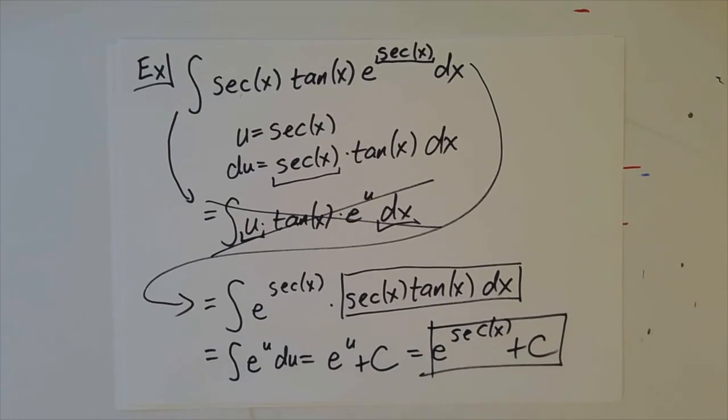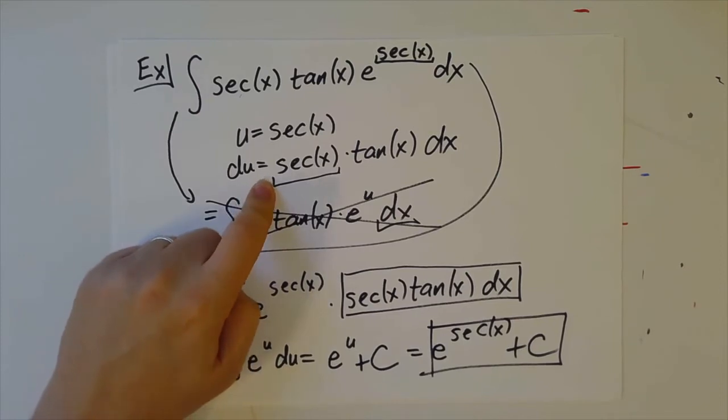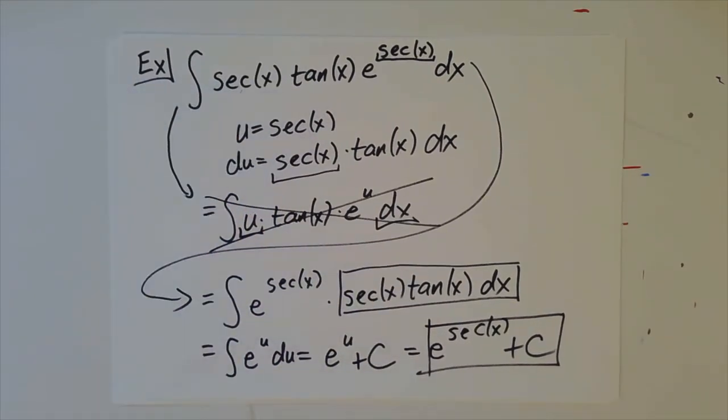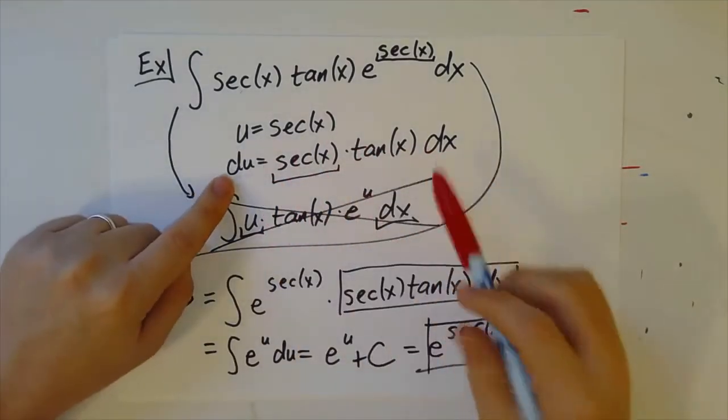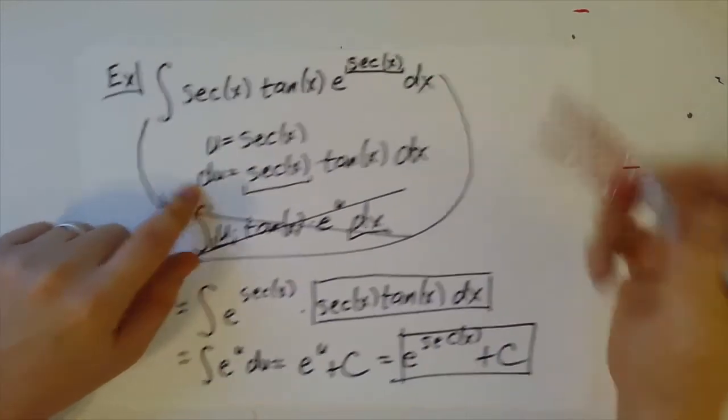Okay, so what's the lesson here? The lesson here is that actually you want to find your du first before you start replacing everything in sight with the u's. Because you absolutely have to find a du. You have no choice because the du is the only way you can get rid of a dx.